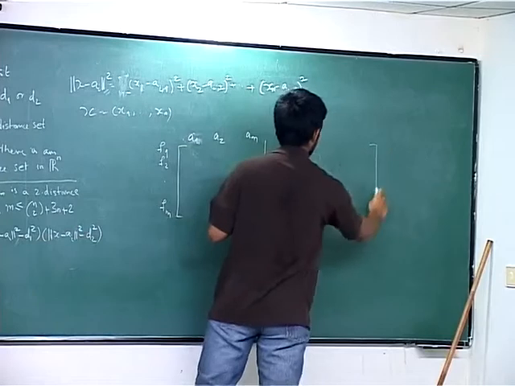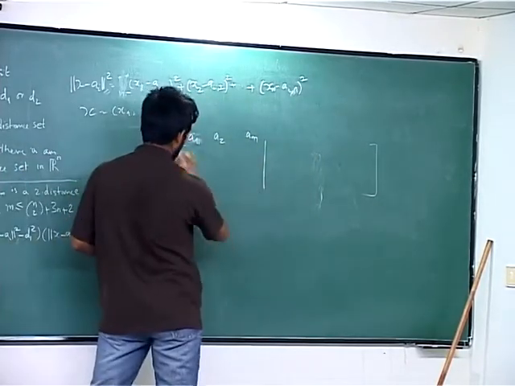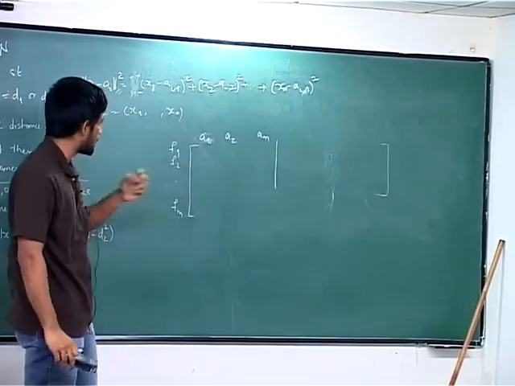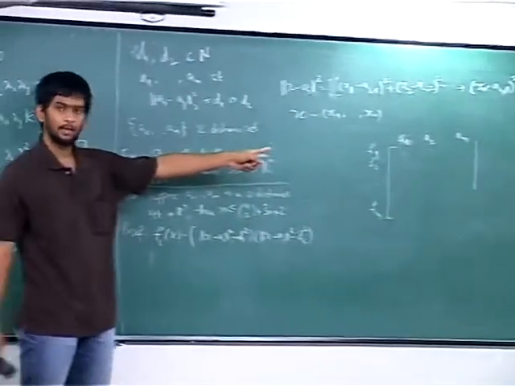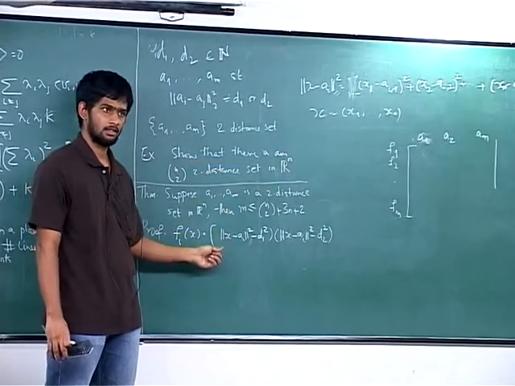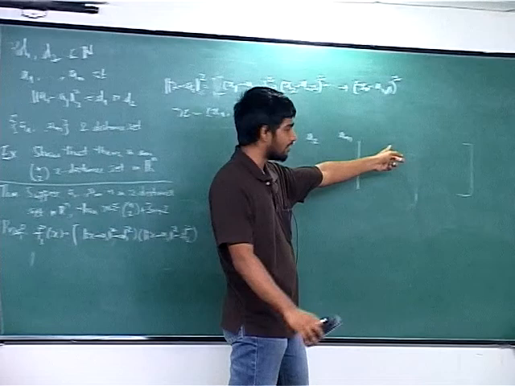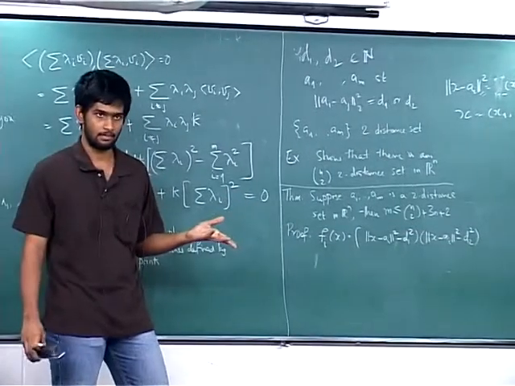So you have an m cross m matrix sitting here, okay. So what do I want here? If I prove that that square matrix has full rank, then I'm done, isn't it? Because these F1 to Fm have to be linearly independent.